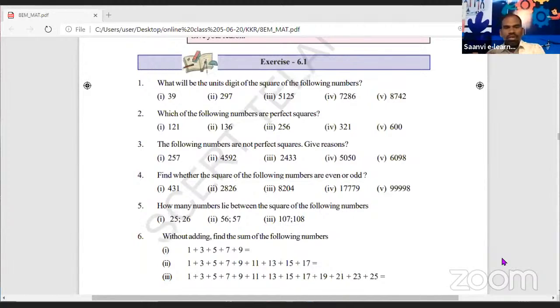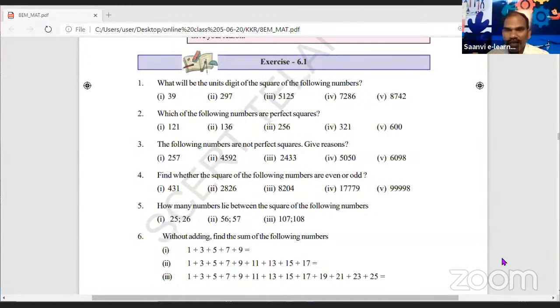Remember. 431, even or odd? Odd number. Its square is an odd number. 2,826, even number. Its square is also an even number. 8,204, even number. Its square is also even. 17,779, odd number.